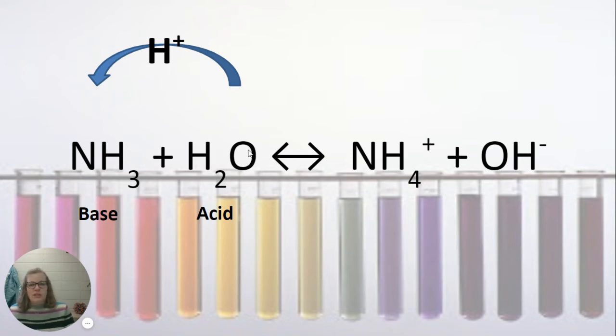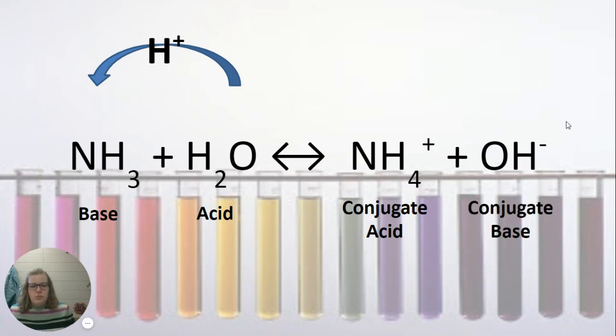So even though ammonia doesn't have an OH in its formula, by the way it behaves, it'll take that H from the H2O and then it turns it into an OH minus, making that concentration go up. Okay. If we think about the names of the partners, NH4 plus is the conjugate acid because our base turns into our conjugate acid, and then our OH minus is our conjugate base.